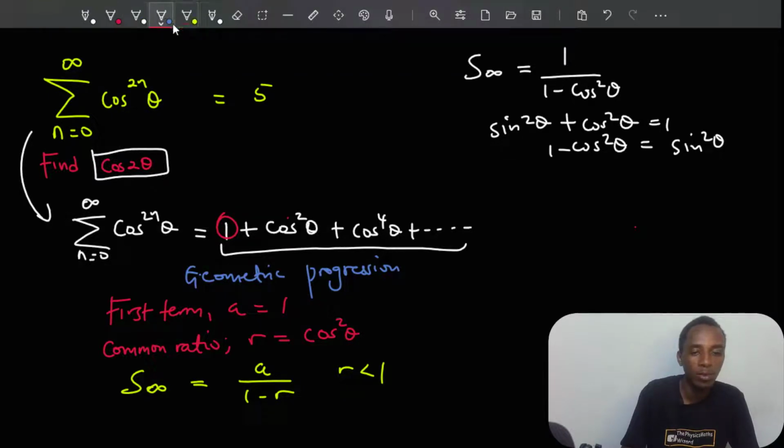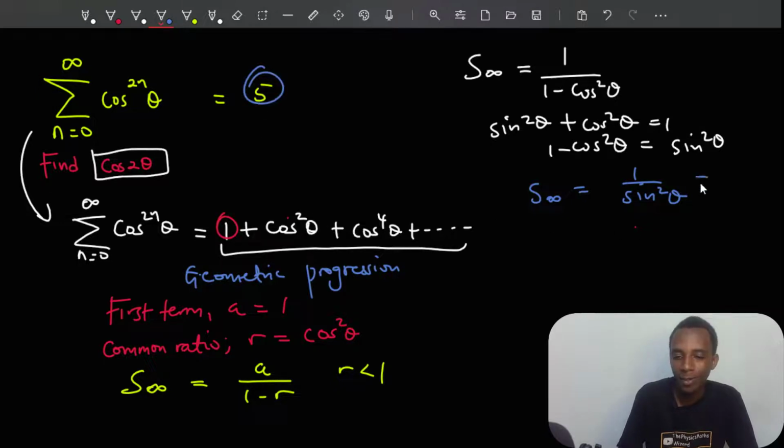So what does this imply? It means our sum to infinity is just 1 over sine squared theta. And remember, all this is actually equal to 5. So I'll just equate this to 5.